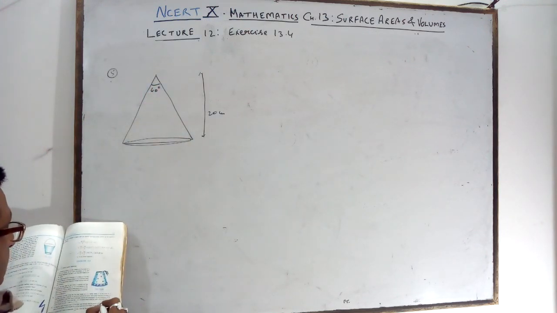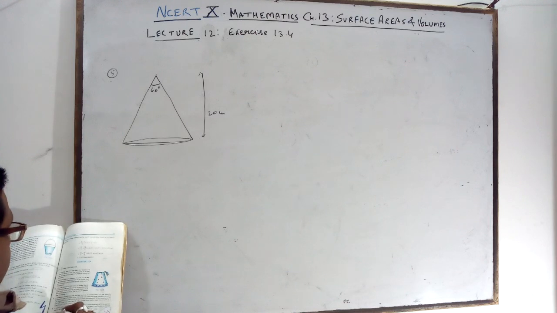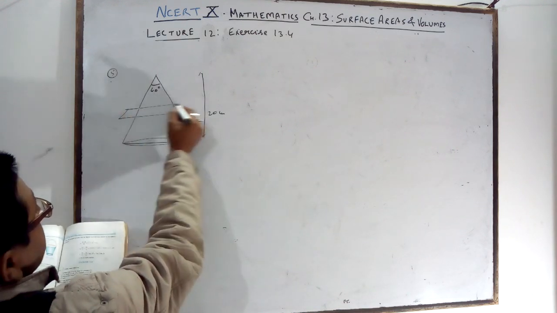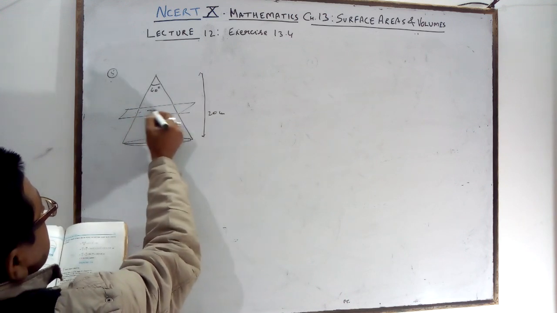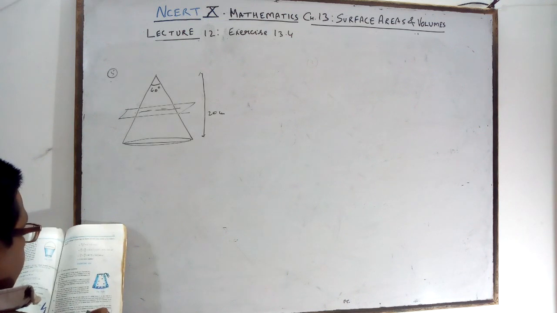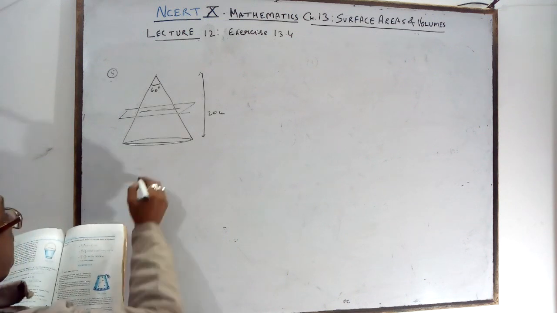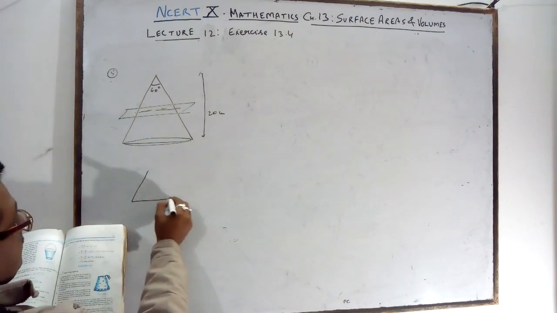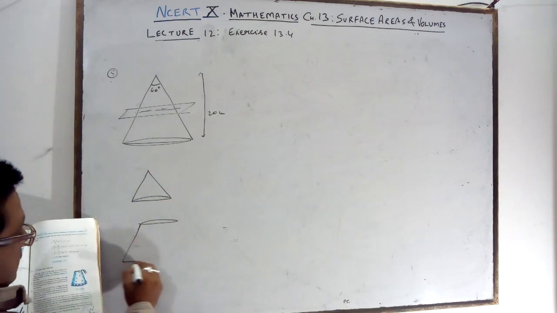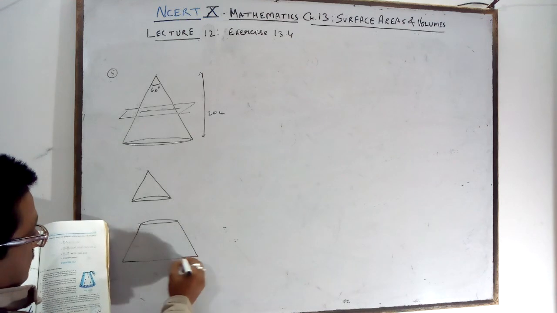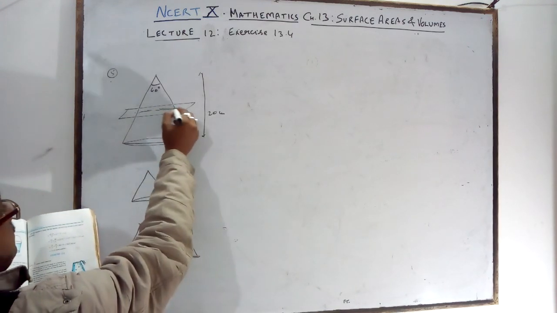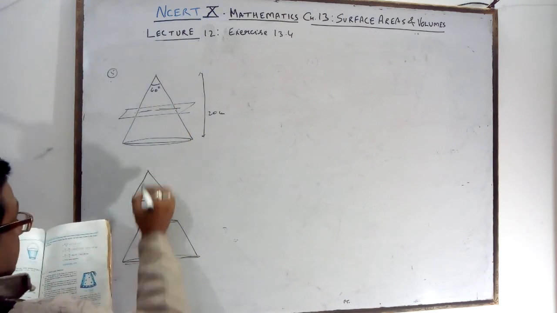It is cut into two parts from the middle, parallel to the base, and a frustum is obtained. There are two things you are getting: one you are getting this, another you are getting this. And it is given 60 degree.